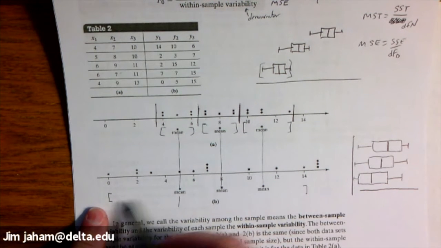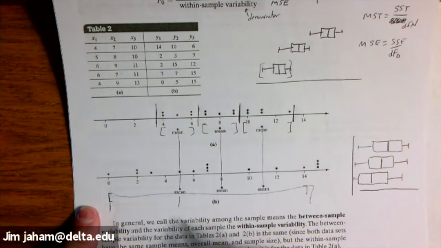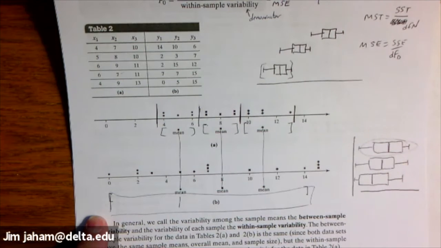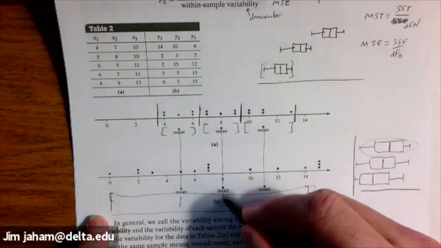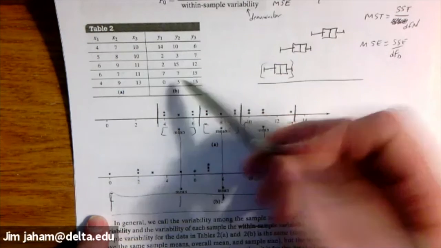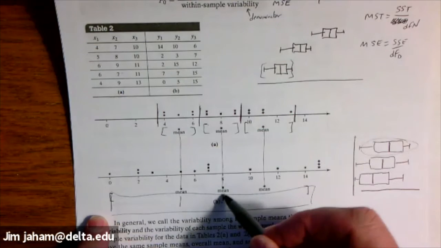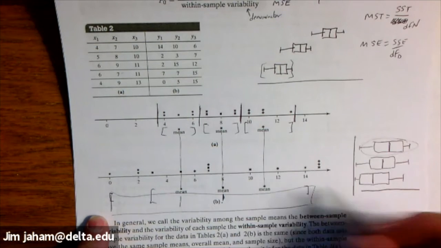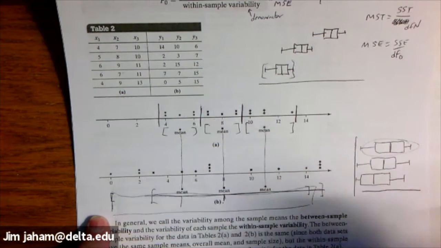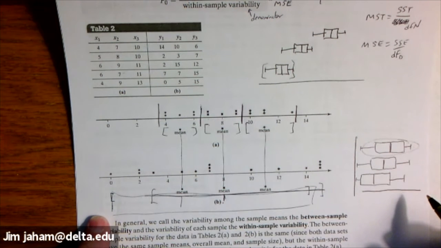Here's the mean. So this would be the box. Well, it's not the box, but this is the range of the data. So it's a big range. And then here's the mean, and these data values span between 3 and 15. So from here to here. Again, a big variance, big standard deviation, big range there.